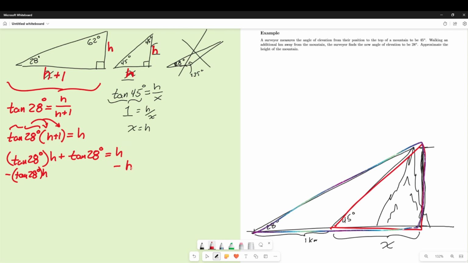Subtract, I'm going to write h tangent of 28 degrees. It's nice to have the variables out in front so it doesn't look like it's part of the argument for the tangent. Or you can use parentheses, whatever makes you happy. So we get the tangent of 28 degrees equals h minus h times the tangent of 28 degrees.